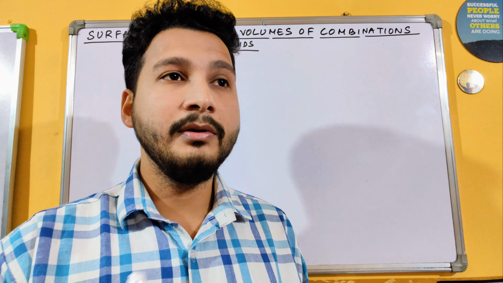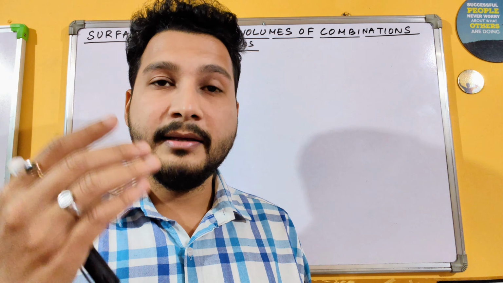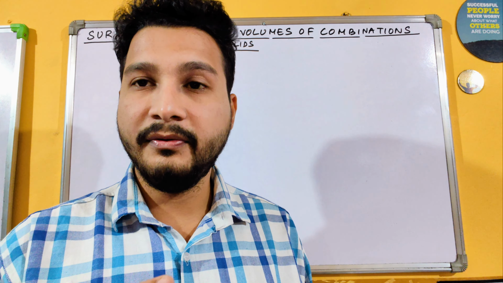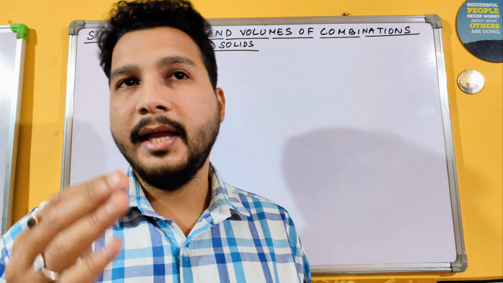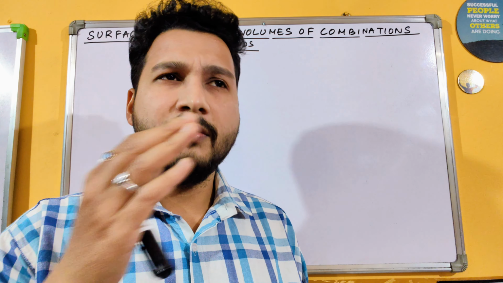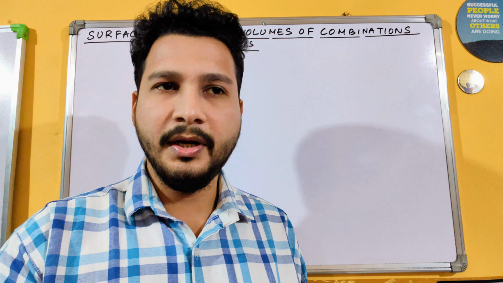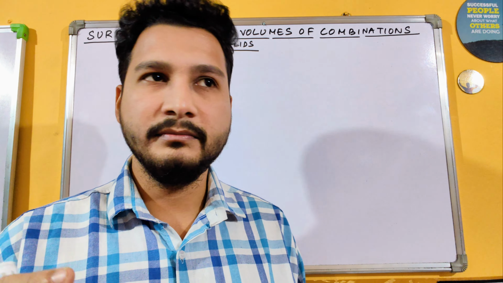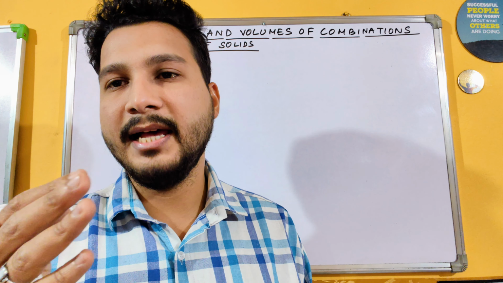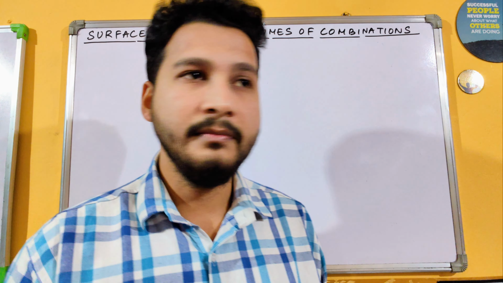Then also you have to know surface areas and volumes of cube, cuboid, right circular cylinder, right circular cone, sphere, hemisphere. All these have been delved in class 8, 9 and so on.